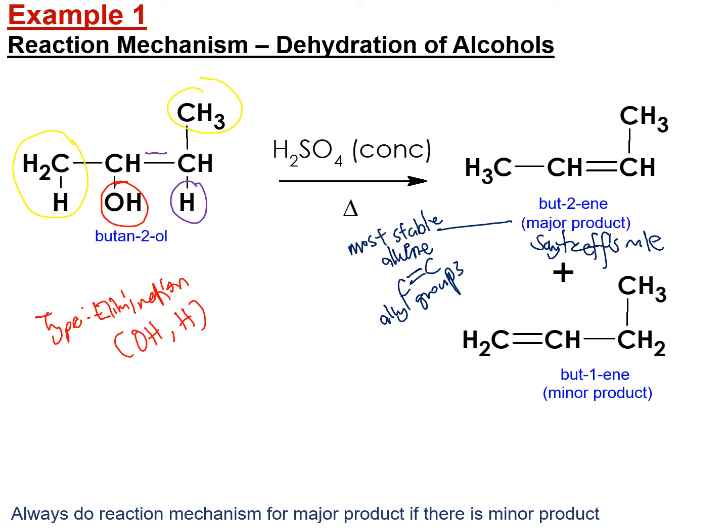Okay, tapi kalau minor product, if let's say I ambil hydrogen from dekat carbon belah kiri ni. So if I eliminate the hydrogen from this carbon, therefore I will form double bond around here.